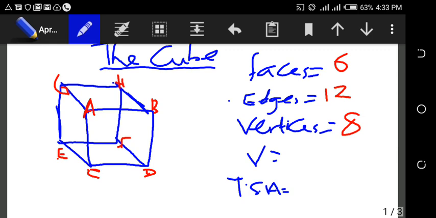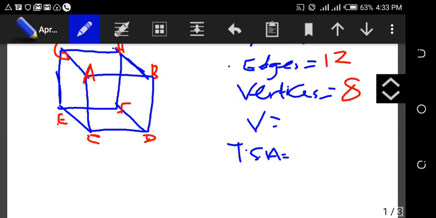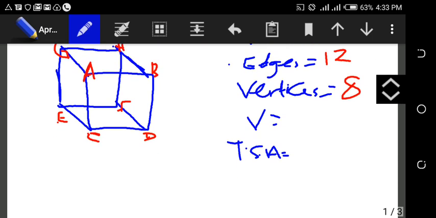Now, you would know that the volume is given by the length times the breadth times the height, or the length times the width times the height or depth, if you will. But our cube has 6 faces and they are all equal. So when the faces are equal, it means that the length, the breadth, and the height are all equal.